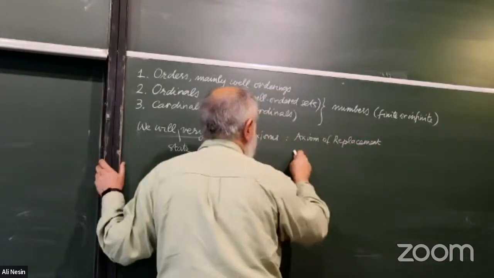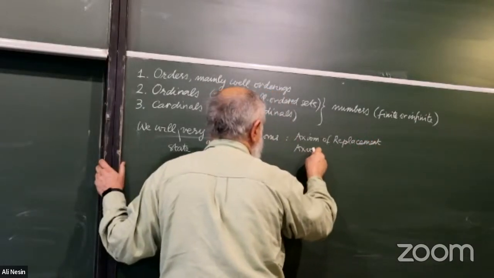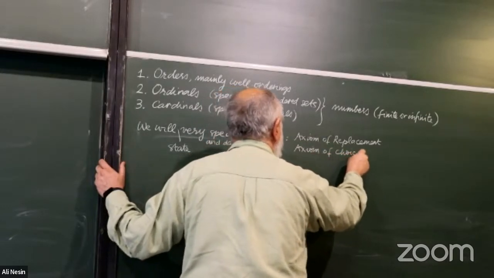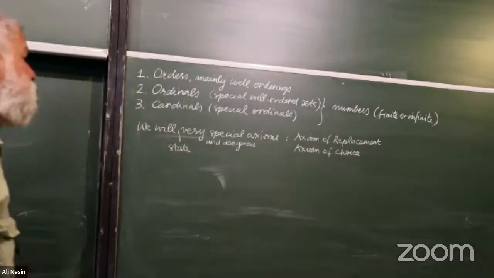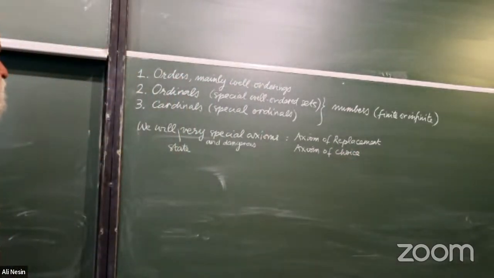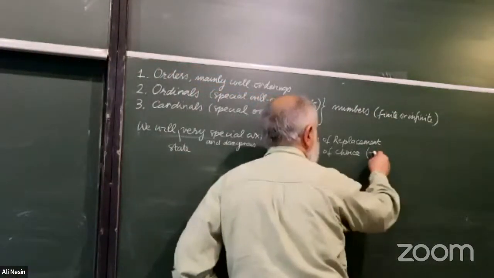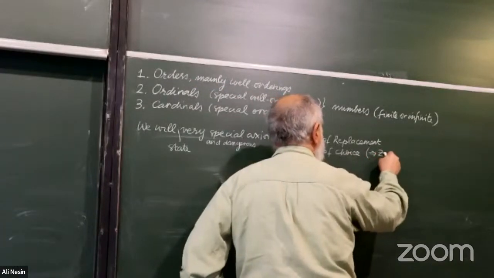And axiom of choice. Only two, actually. I don't think I need another axiom. And of course, from axiom of choice, Zorn's lemma, which is a consequence of it.